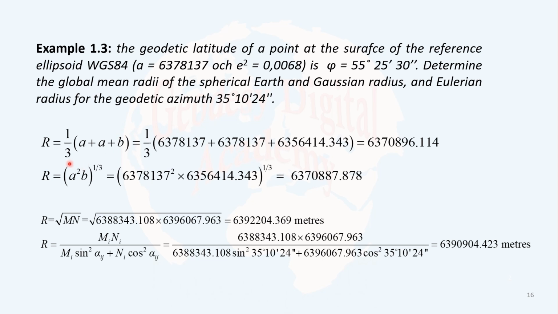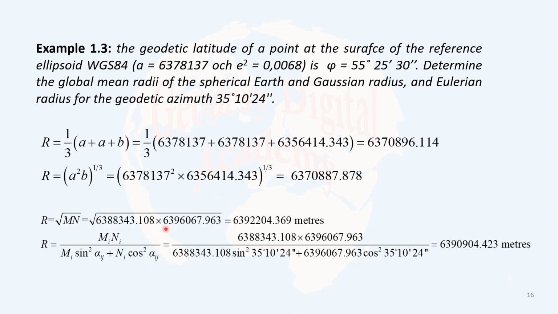So we take the average, we come to that. If I multiply them and take the cube root, I will come to that value. For 1 point, at this point, we have already computed the radius of curvature along the meridian and also the radius of prime vertical.